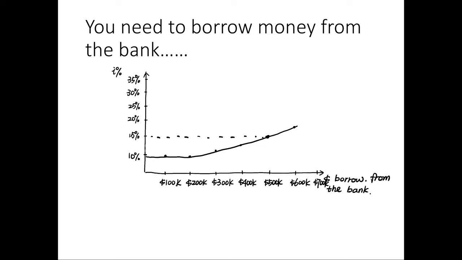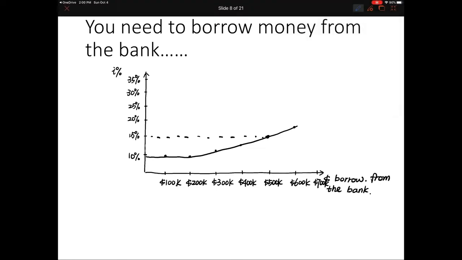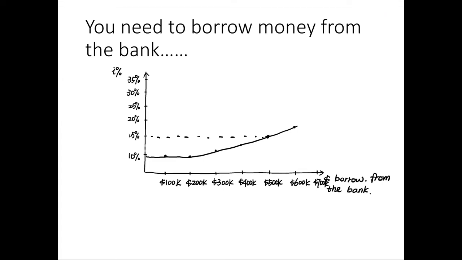Okay, and the next thing is you can draw the project. You can draw the project and its profit on the same chart as well. So what it means is you have project A, you remember that? And the cost we said for project A, cost is 60K.